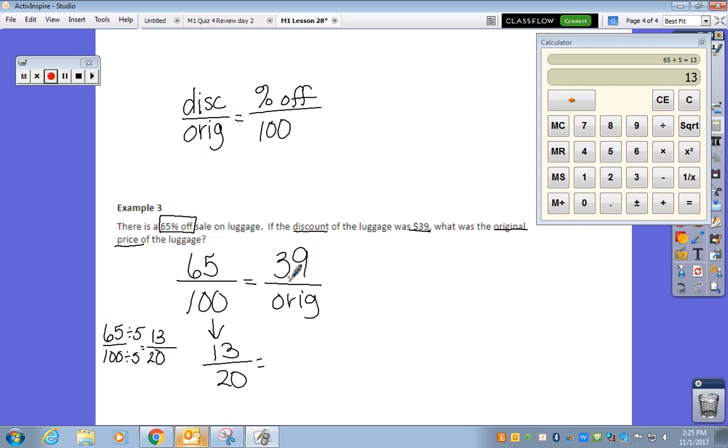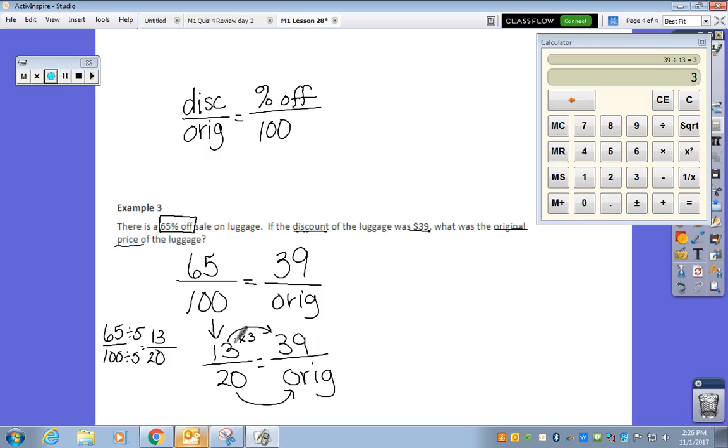I'm going to bring down the other side of my equal fraction, so 39 over the original. I need to figure out how many times 13 can go into 39, which if you're not sure, you can do 39 divided by 13 to get 3. So you would see that 13 times 3 is 39.